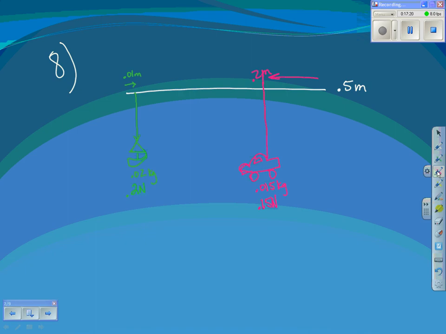All right, so thing to realize is that if we have both of these things pulling downwards, then the total force pulling downwards is 0.35 newtons. So if that's the case, then we must have 0.35 newtons going upwards to keep it from moving up and down, which we don't want it to do.